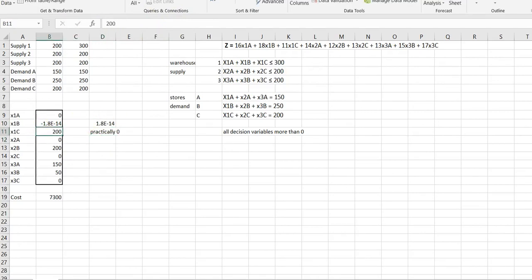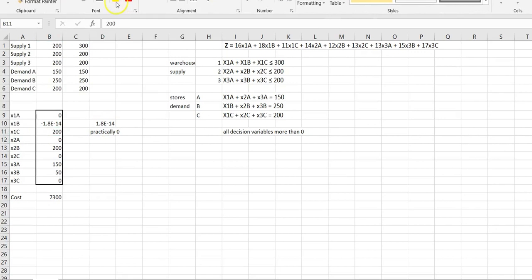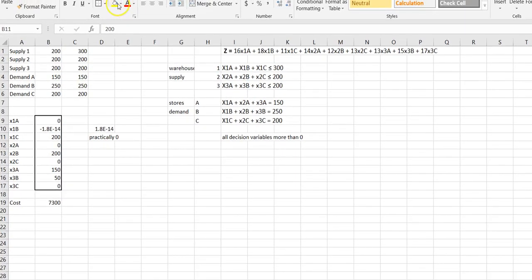Okay, so it looks like we're going to only have a few routes where we send some TVs. Our cost is $7,300.